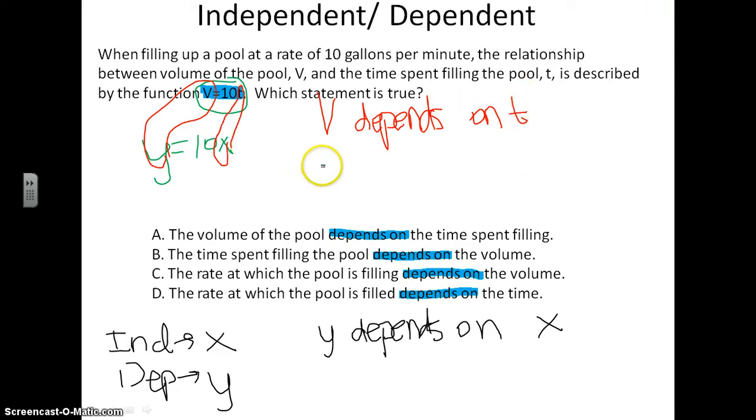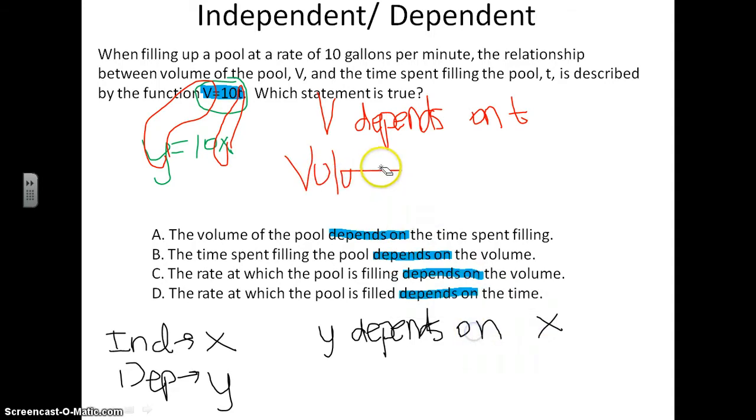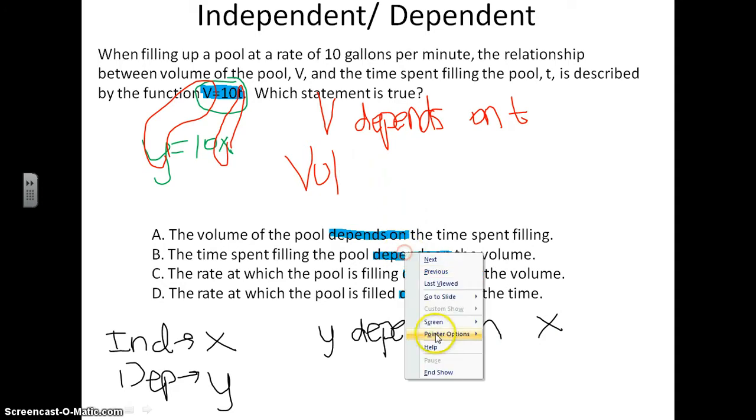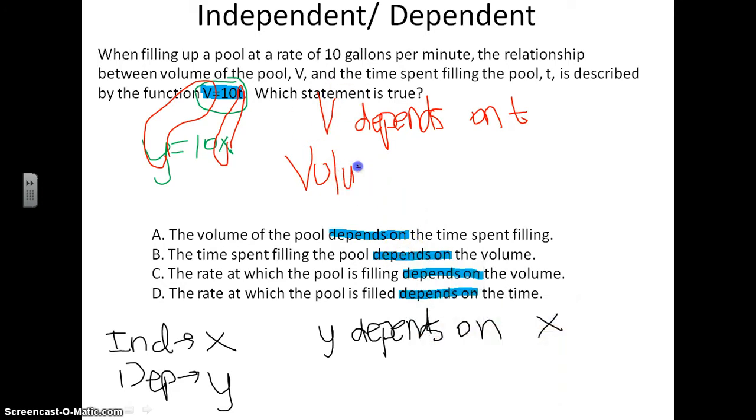And now just substitute in the words for it. Volume, because v represented volume, depends on time.